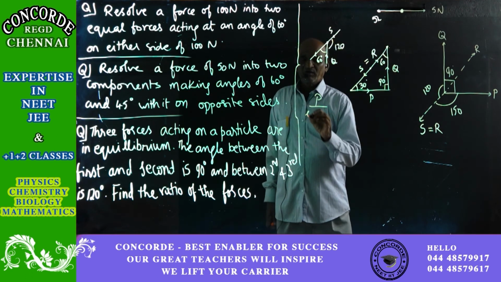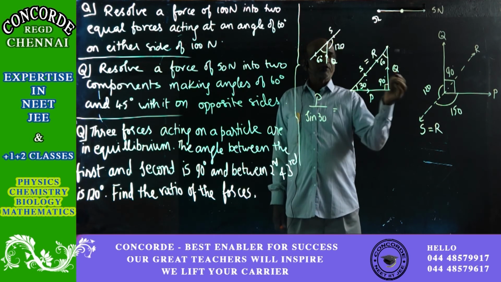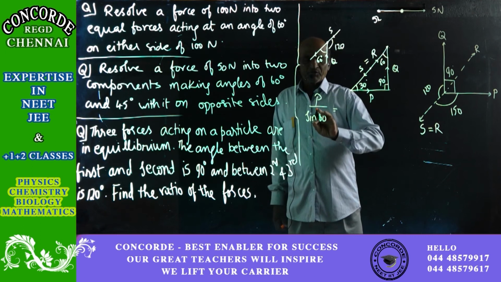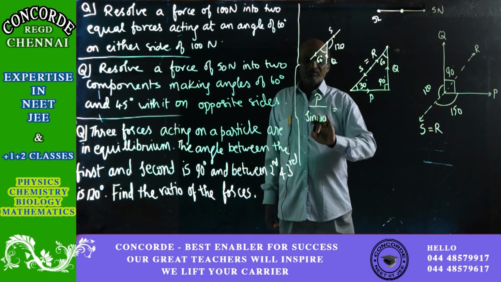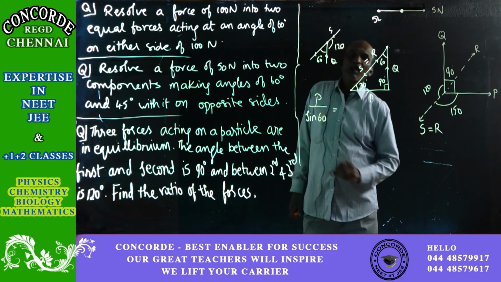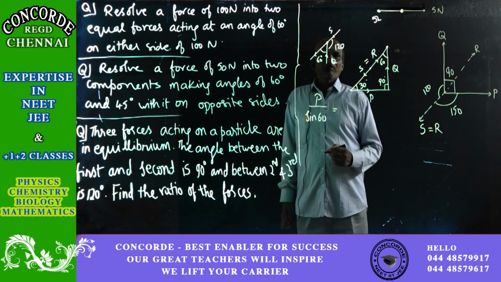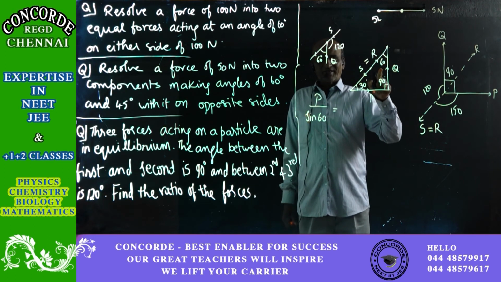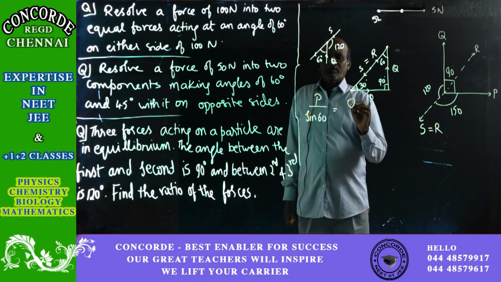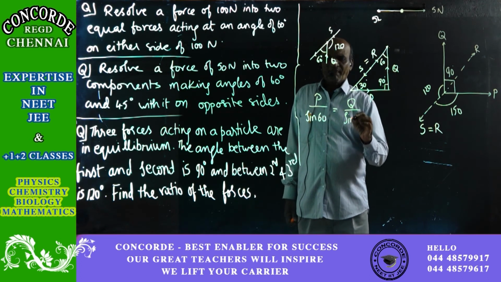So P by sine 30 will be equal to Q by, P by sine 60, sorry. Okay. So by applying sine rule to the triangle that we have, the forces, we get P by sine of the opposite angle, sine 60, will equal to Q by the sine of the opposite angle for Q, which is sine 30.